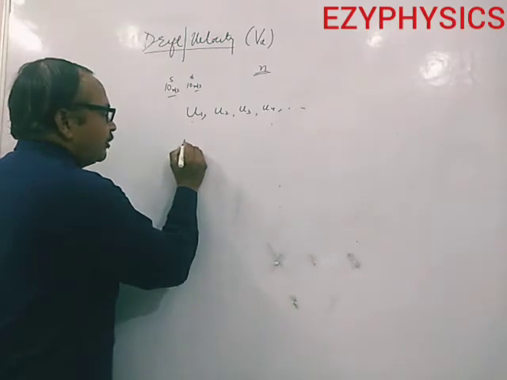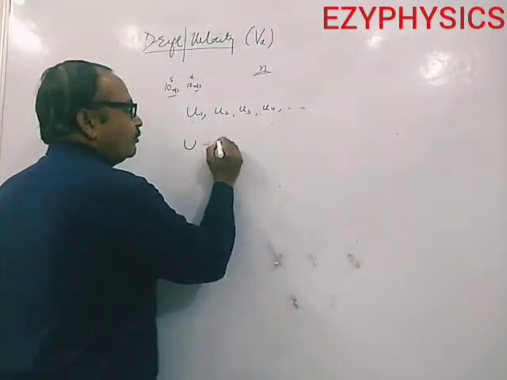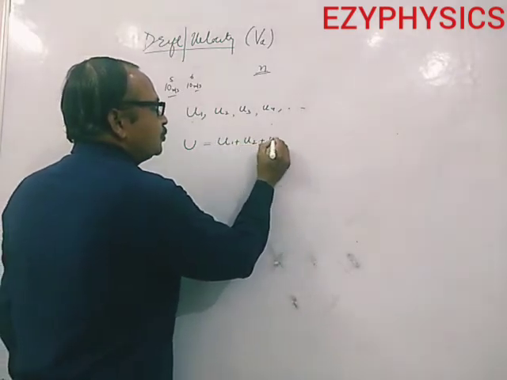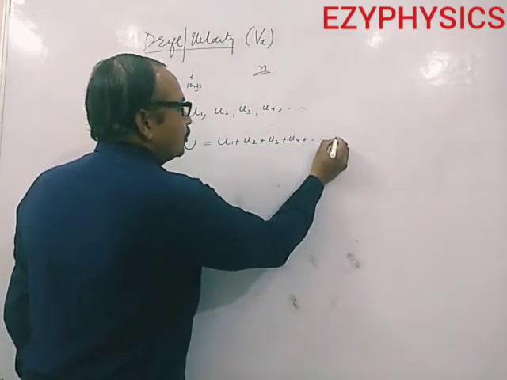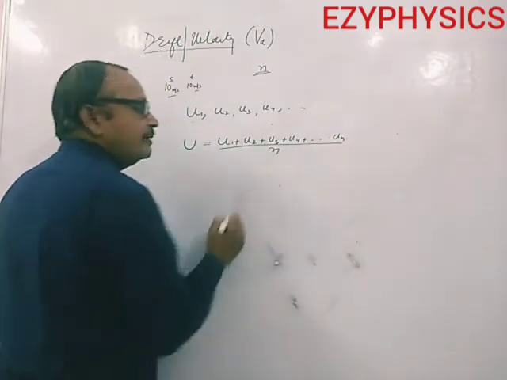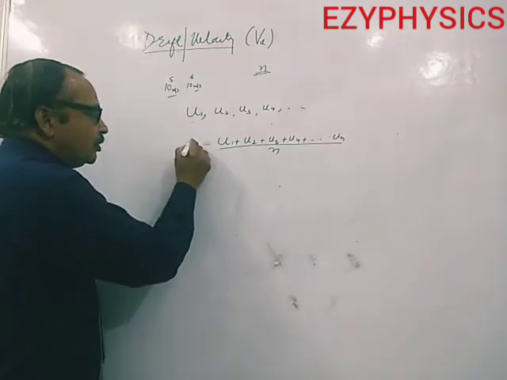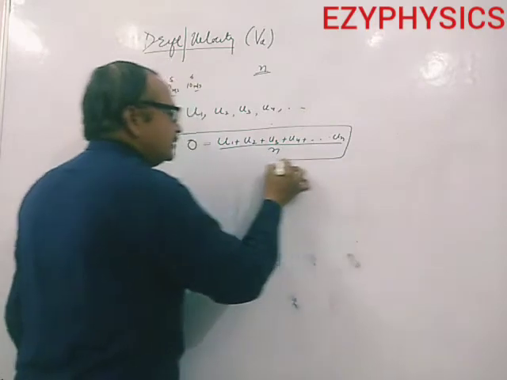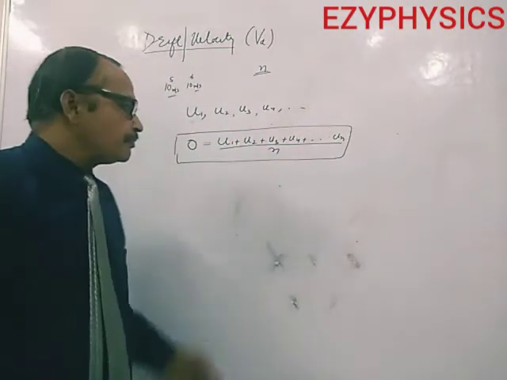When we talk about U, that will be equal to U1 plus U2 plus U3 plus U4 up to Un over N, and this is equal to 0. So the average thermal velocity will be 0. This is one of the very important points.